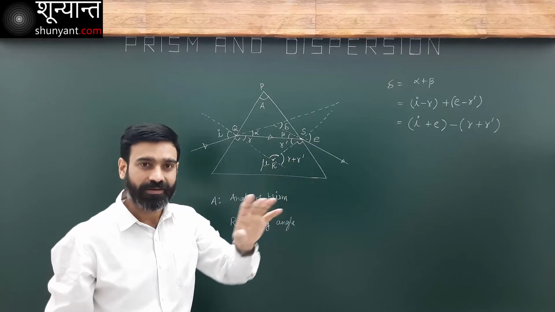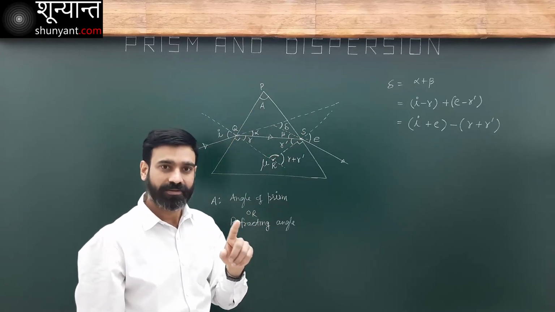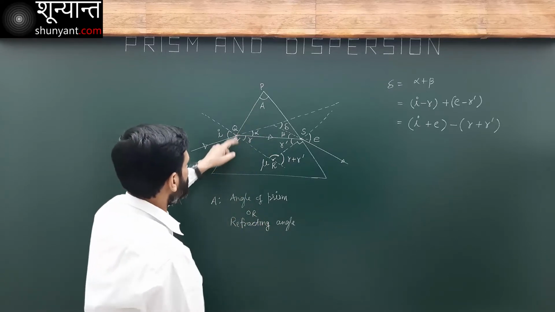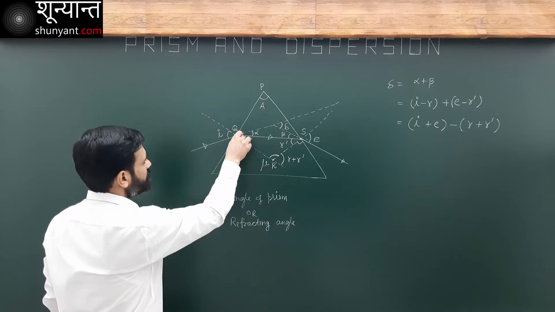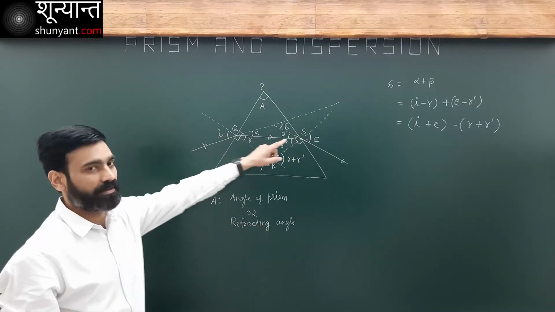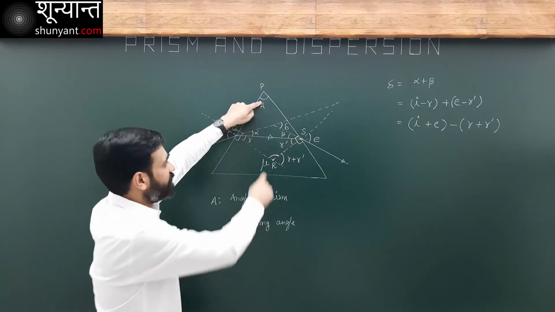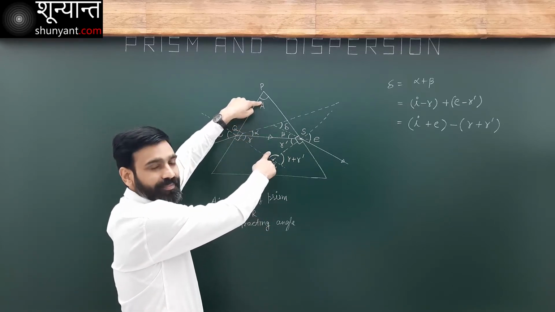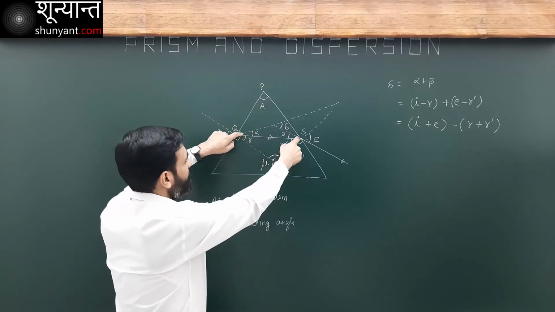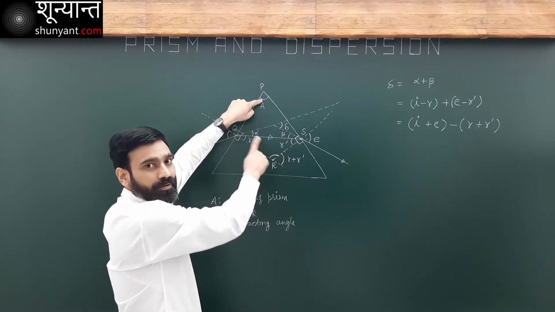The total sum of angles in this quadrilateral is 360. This one angle here is 90, and the other angle here is also 90. 90 and 90 become 180. That means this angle plus this angle should be equal to 180.